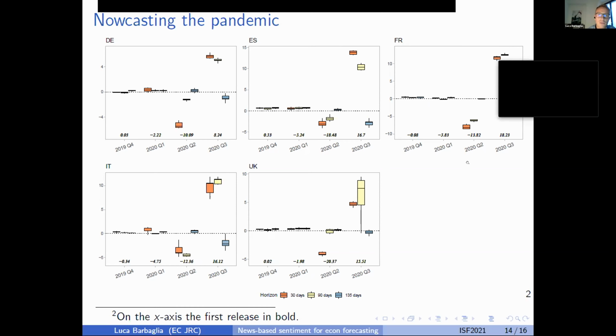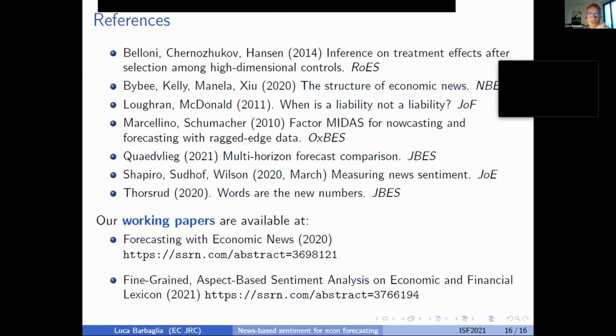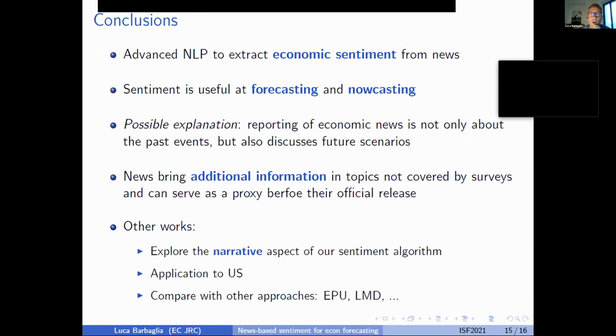So concluding, I showed you these economic sentiment measures that we built based on an advanced NLP technique. I showed you how they can be useful for forecasting and nowcasting, so both. And this is quite interesting because news do not only report about past events or current events, so nowcasting issues, but also talk about future scenarios.